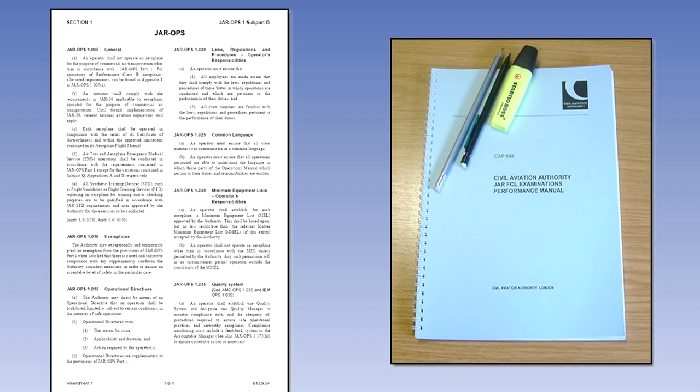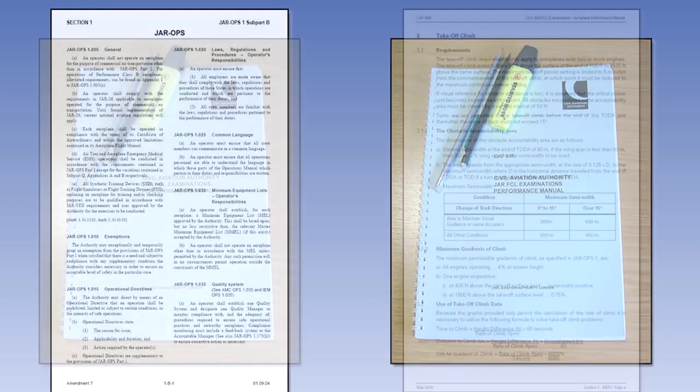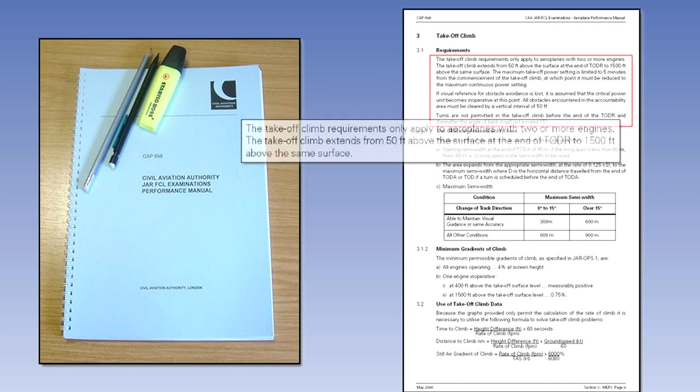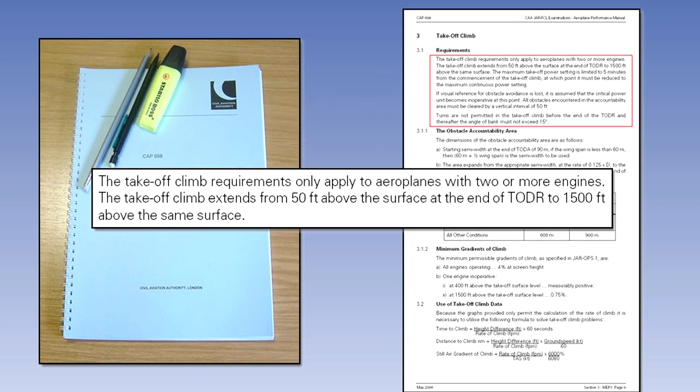We mentioned at the beginning of the lesson that obstacle clearance requirements and climb gradient requirements are published in JAR Ops 1, and that abbreviated versions of these requirements can be found in CAP 698. We have already discussed these requirements, but we will mention them again as we read through CAP 698. These requirements are on page 9 of section 3 in CAP 698.